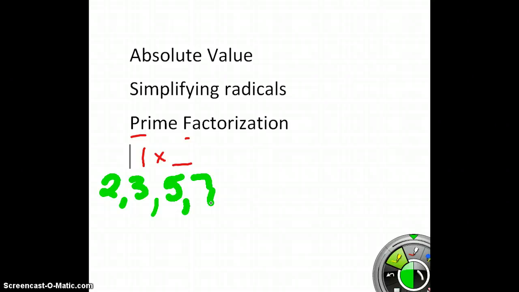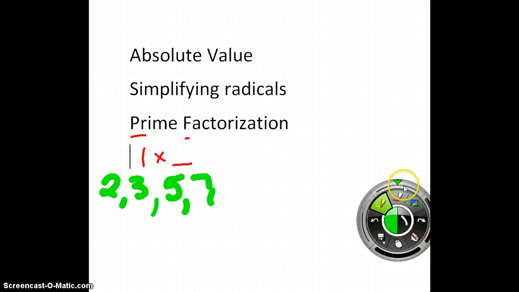So when we're asked for prime factorization, let's say the prime factorization of 42. One of the things you might think of is that the two numbers that multiply to be 42 are 6 and 7.